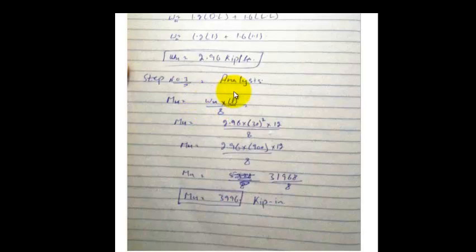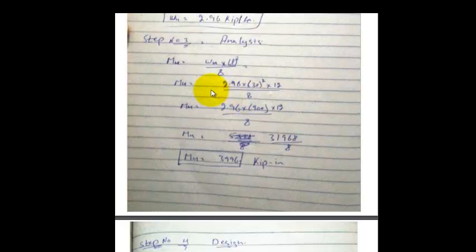Next step is analyzing what the total moment is that comes in that beam. The formula we have for the simply supported beam is load multiplied by length squared divided by 8. The load we also have is 2.96 multiplied by 30. 30 is the length of the beam.